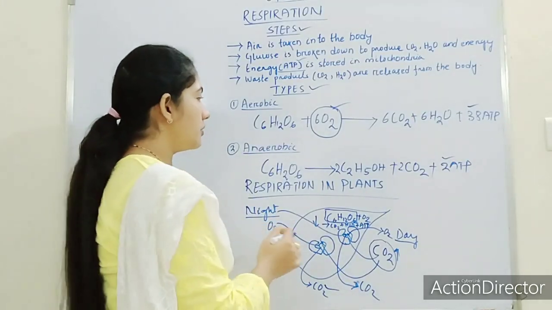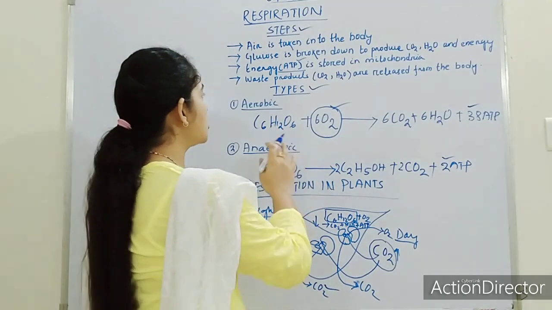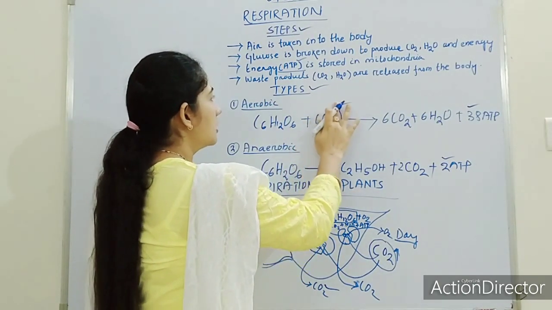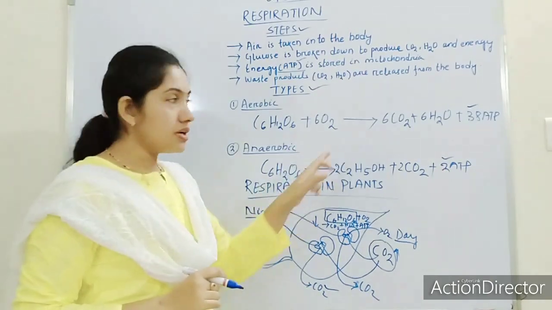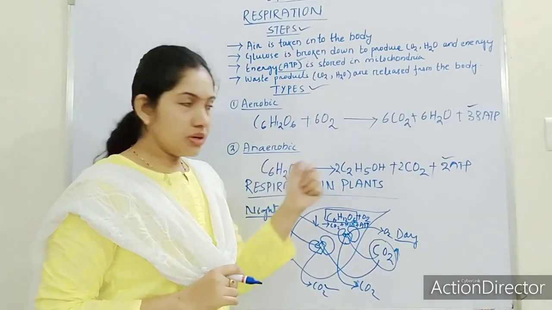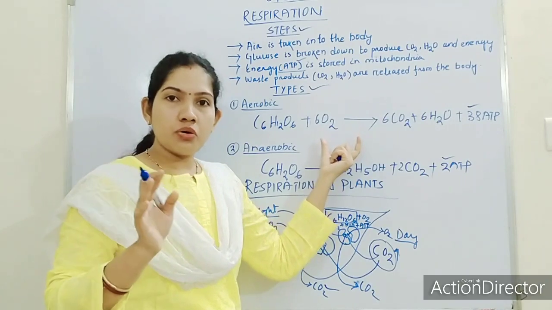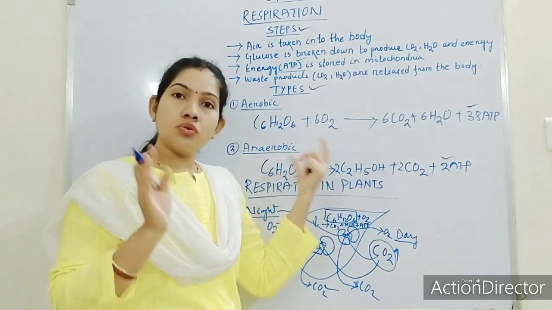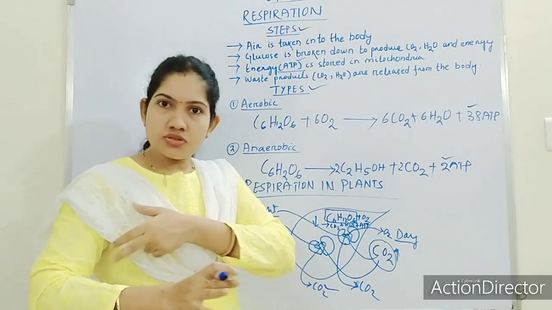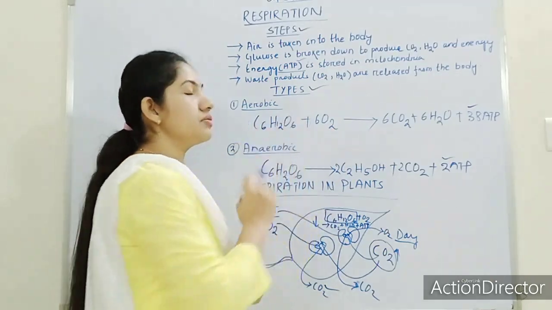So here we can compare the two equations. Suppose here I am writing the equation for respiration. Here we are mostly talking about aerobic respiration. As I said, anaerobic respiration takes place only in some microorganisms. So this is the equation for respiration.